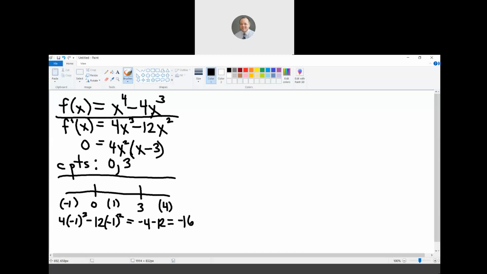So that means anything less than 0 is a negative result sign. Let's test the middle interval by plugging in 1 for our first derivative. And that gives us 4 minus 12, which is a -8. So still, anything between 0 and 3 has a negative resultant sign.